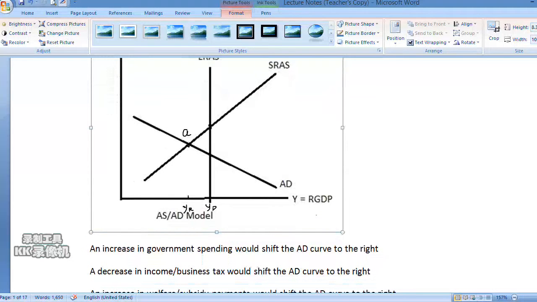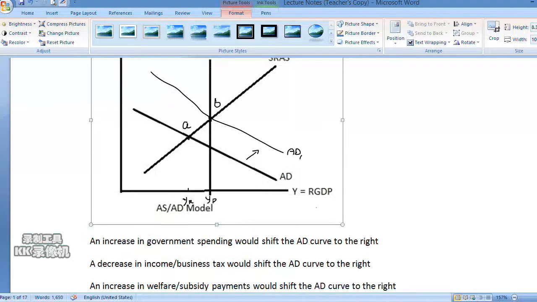So an increase in government spending would shift the AD curve to the right. So what the government can do is increase government spending and shift AD curve to the right, so the economy is back to its potential output level.